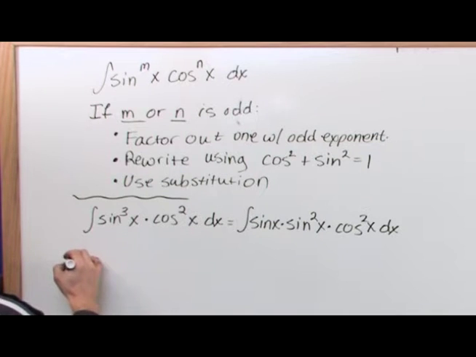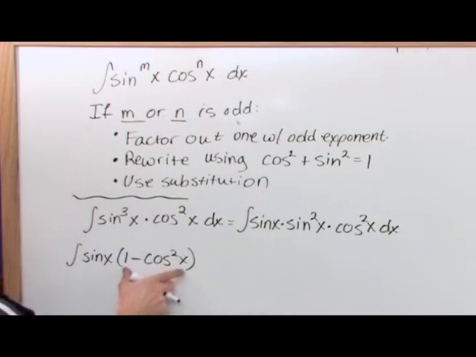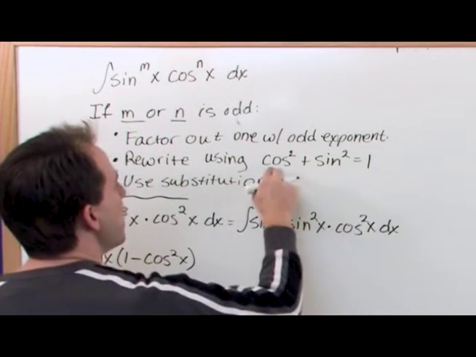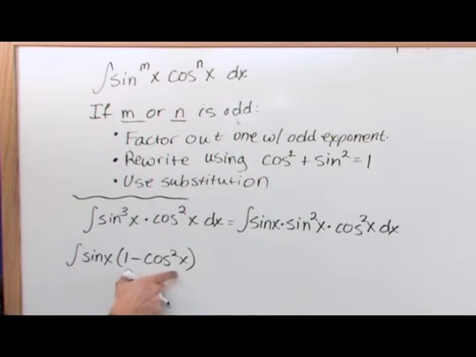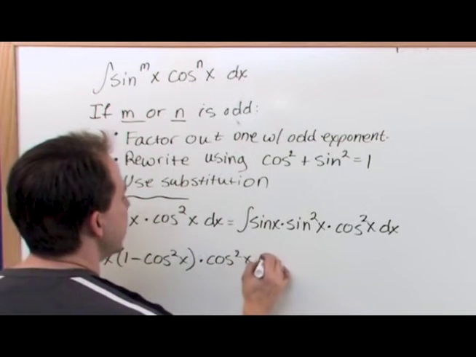So this is going to be equal to the integral of sine x times 1 minus cosine squared of x. This guy is equal to sine squared. Think about it. Sine squared is 1 minus cosine squared. So all I've done is plug that in here, times cosine squared of x dx.